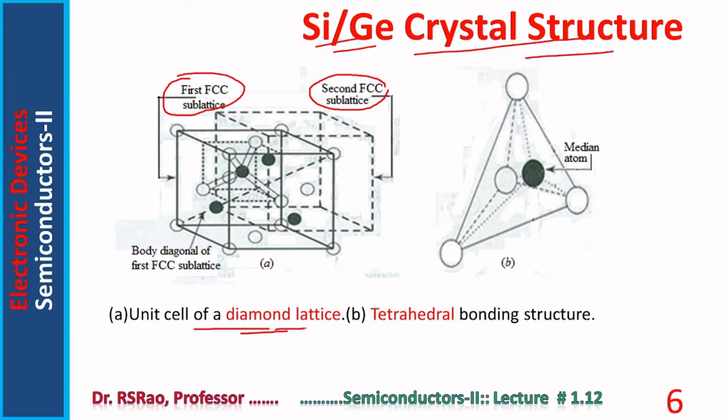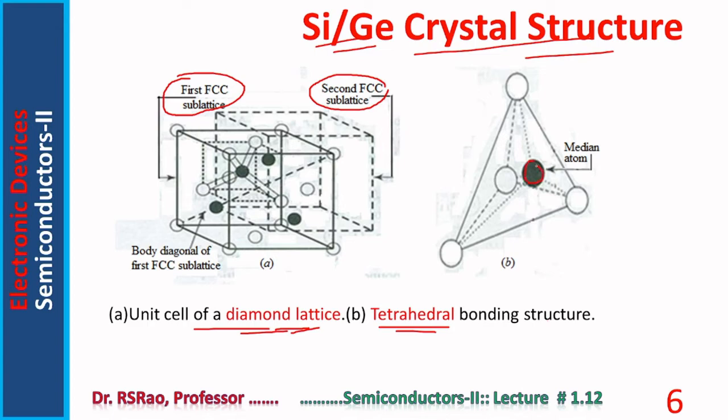Notice in the diamond lattice, one cell occupies a part of another cell, and there exists bonding between the atoms. That bonding is described in B, tetrahedral bonding structure. Here is an atom.